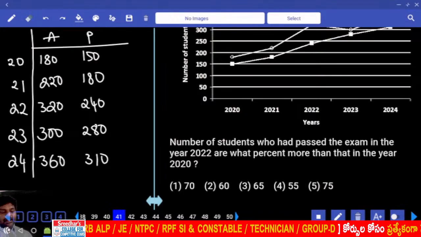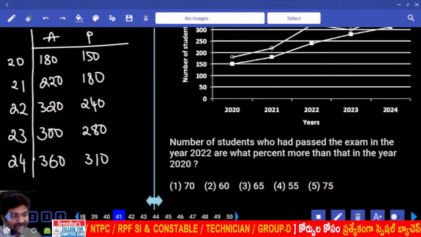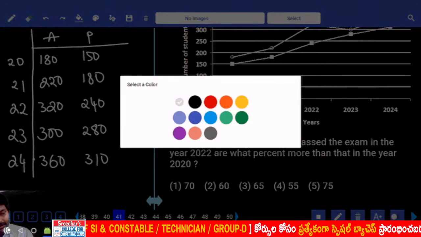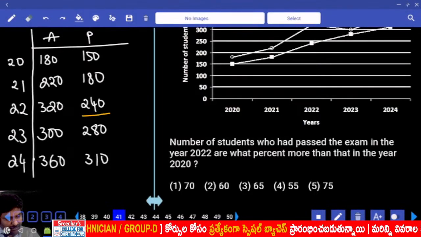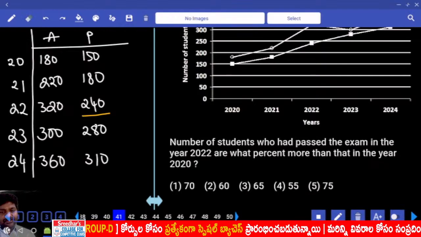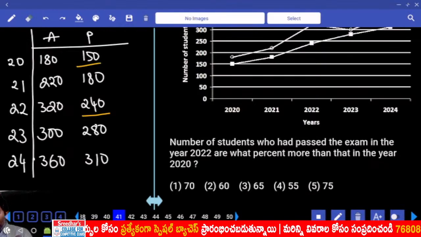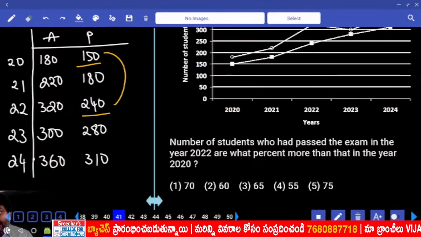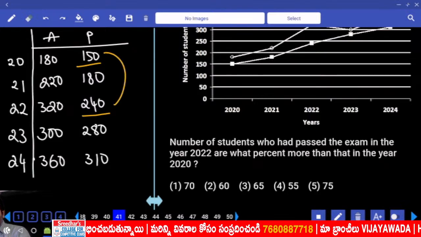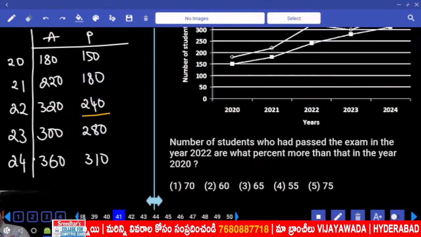Number of students who passed the exam in the year 2022? By what percent more than that in the year 2020? In the year 2020 they were 150. Now it is 240, increased by 90 from 150.